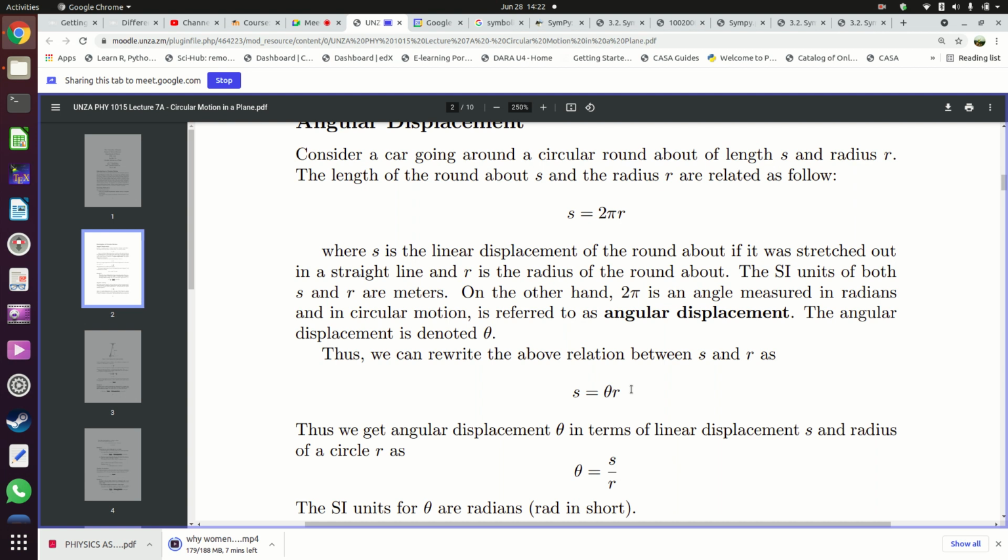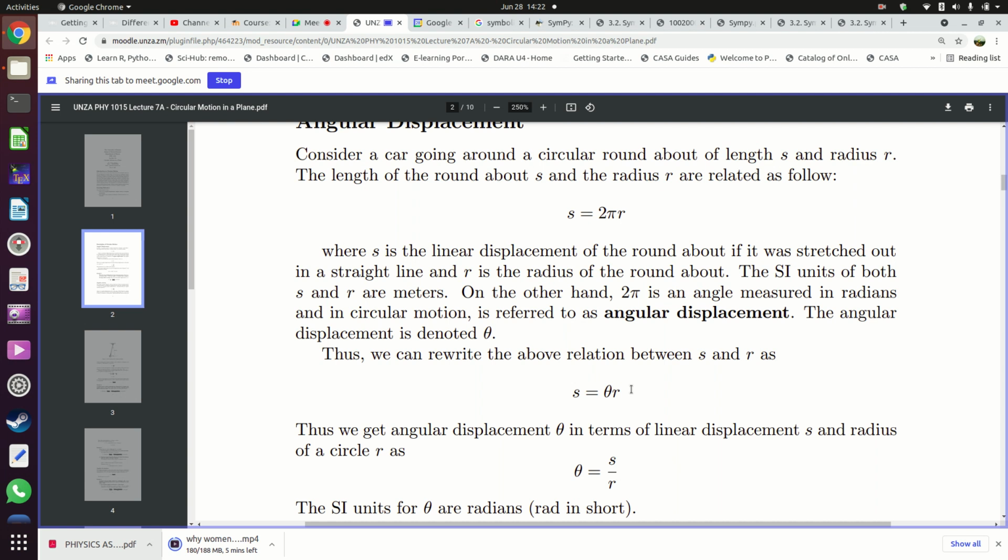In circular motion, we measure distance in terms of angles. So you have moved 20 degrees, you move 45 degrees, you move 50 degrees, you move 90 degrees, you move a distance of 180 degrees. It can be anything, really. It only depends on how far you are.